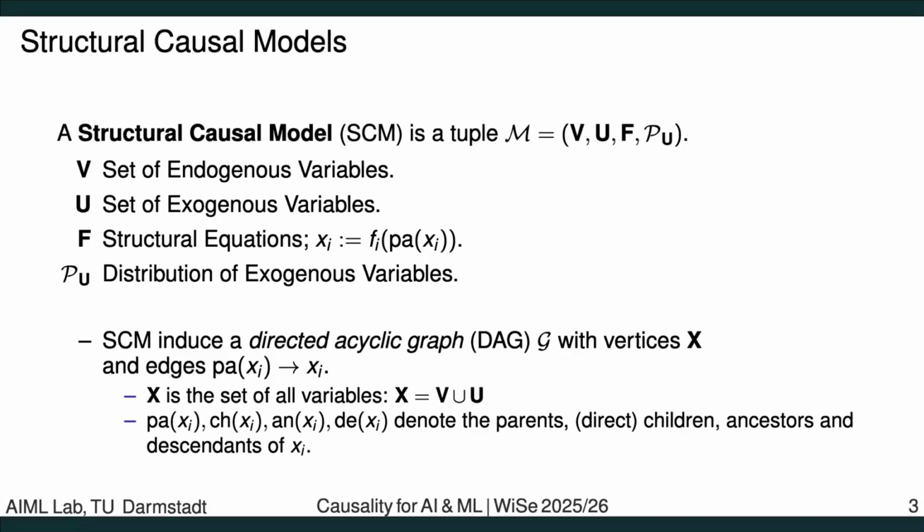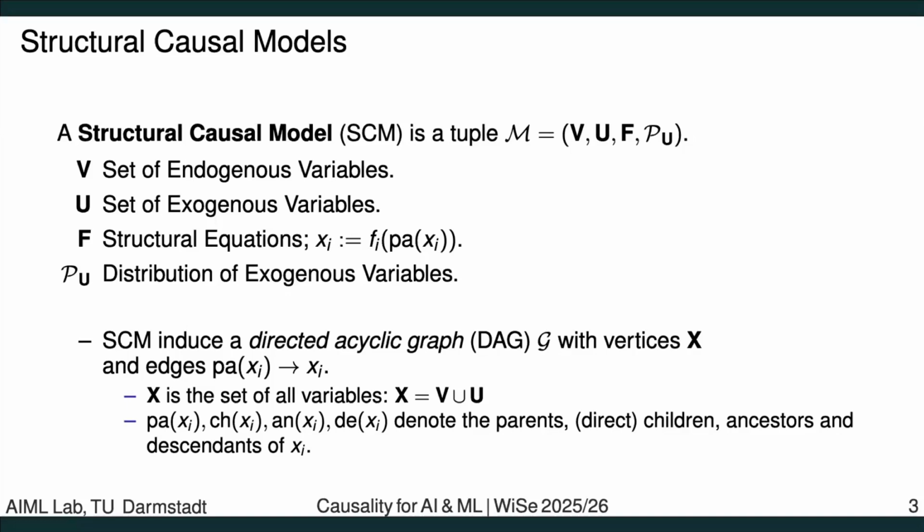And for the exogenous variables, we also have a distribution that we assume, because we can't observe them, but we assume how they are distributed in their domain. So basically, this could be Gaussian noise or a uniform distribution or whatever.